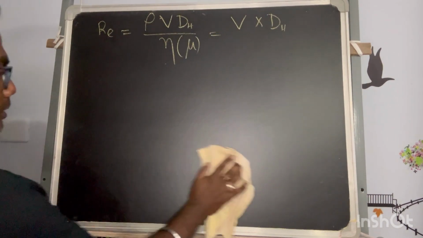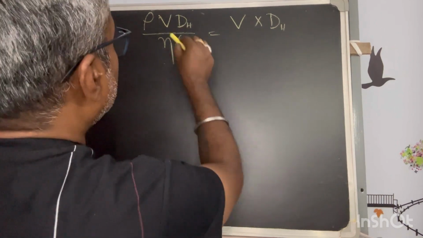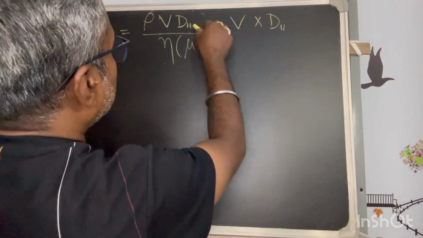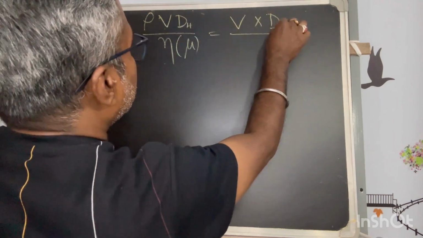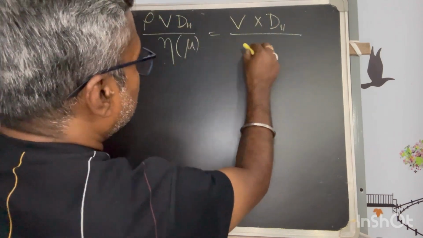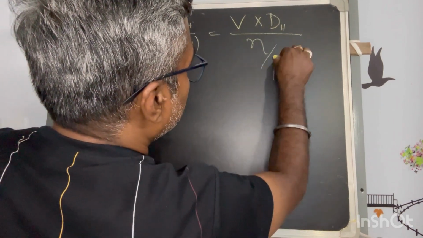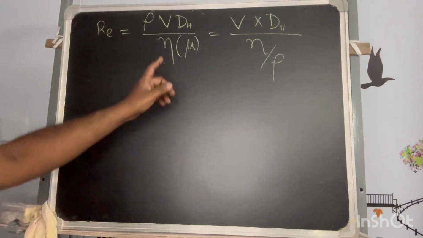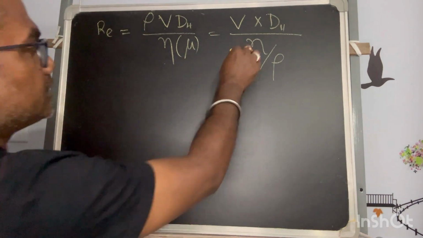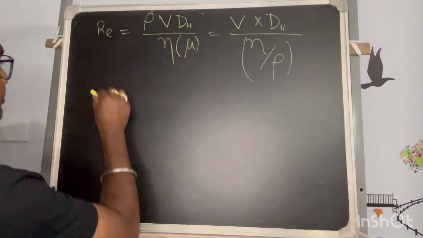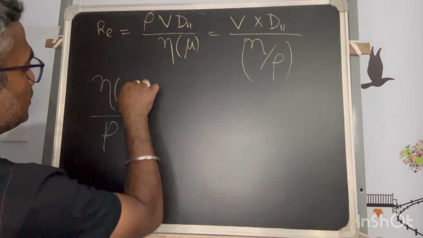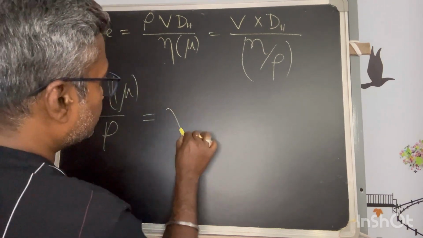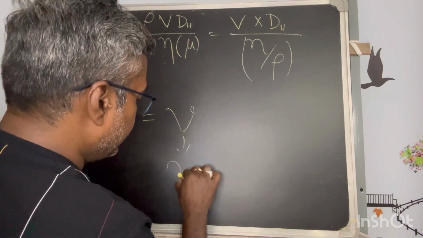Now we can arrange this formula in another way: V into D will be there, and rho will come down below with eta. This, eta divided by rho, or you can say mu over rho, is called nu.